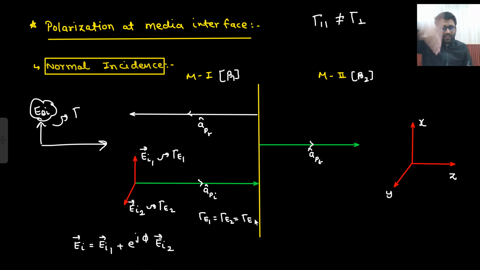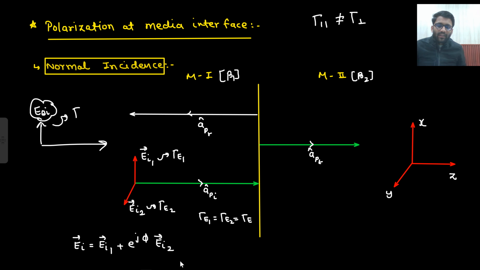Because both of the electric fields are parallel to the boundary plane. This is my boundary plane. One electric field is dancing like this, and one in this direction, both parallel to the boundary plane. So for both electric fields, the reflection coefficient value is the same. This is what I want to tell.